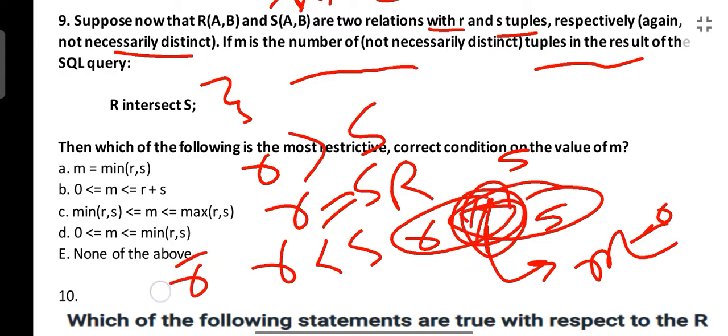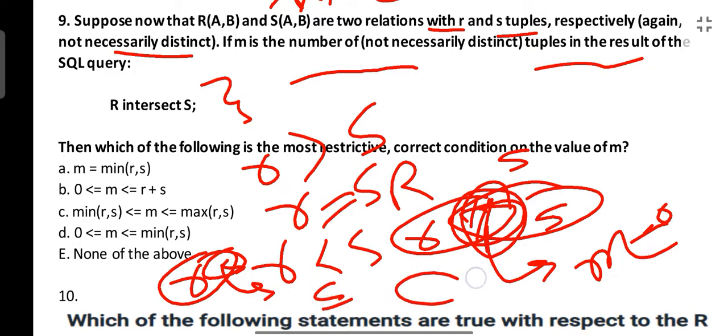So R intersection S can have all of S. And if R is less than S, then maybe S has more values and this is R. That means whichever is smaller has all its rows matching with the other table. So what will be the correct answer here?